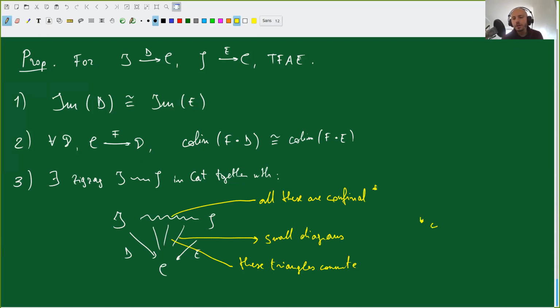Some people call this cofinal, some people call it final, some people call it coinitial. I mean, that thing that preserves colimits. You know what I'm talking about. Like the slice category, the comma category is non-empty and connected.